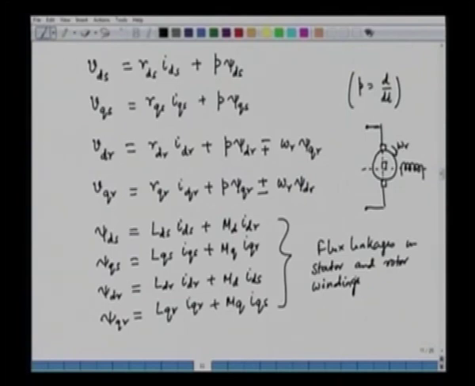So, let us try to see, actually we have the voltage equations VDS, VQS, VDR and VQR, and what we have to find out right now is the direction of the rotationally induced EMF. We have already seen that the rotationally induced EMF appears due to the rotation of the rotor, and it also appears in the quadrature axis.